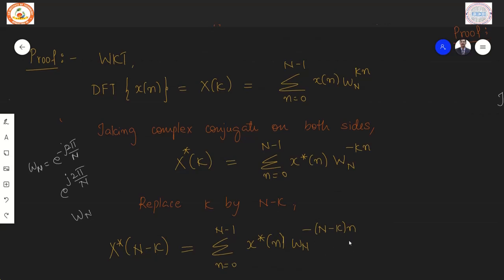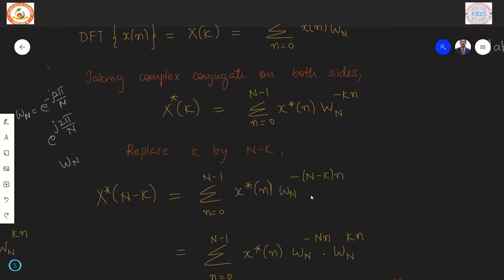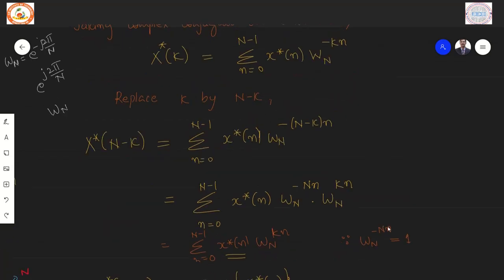Therefore, now we have the twiddle factor which can be split again into two terms, Wn to the power of minus n into n, Wn to the power of kn. And we know Wn to the power of minus n times n, the answer here again is 1. Therefore, the result we have is summation n between 0 to n minus 1 x conjugate of n into Wn to the power of kn.